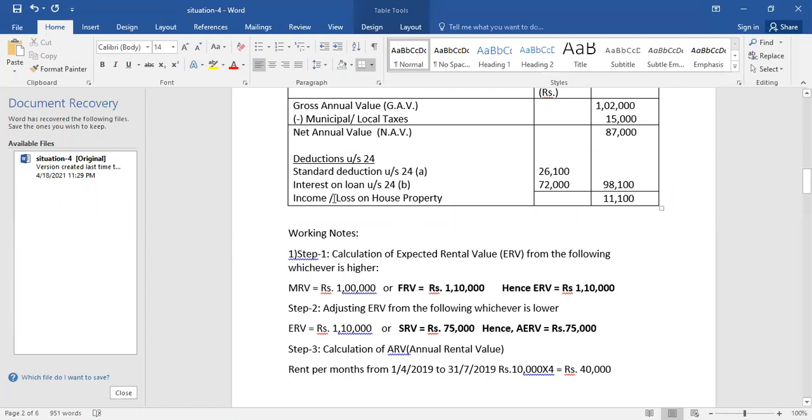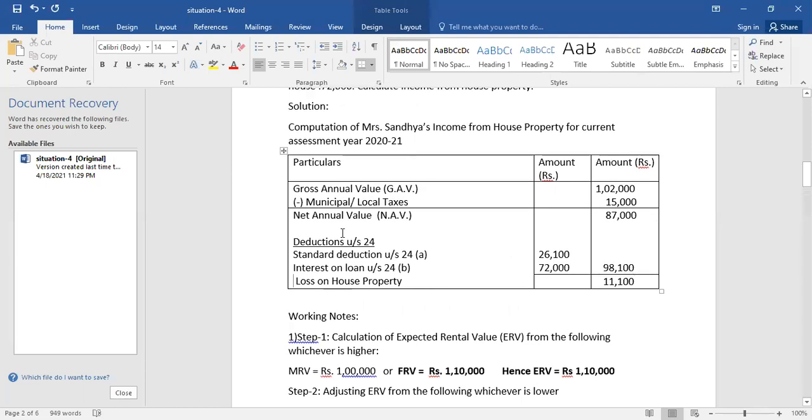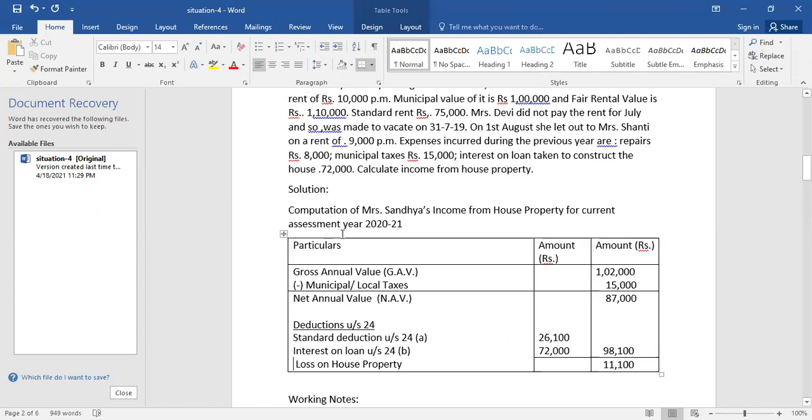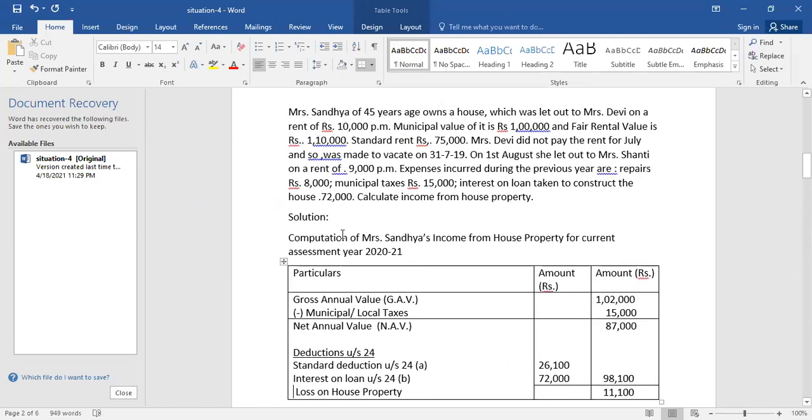Loss from house property is 11,100. So, income or loss, you can write like this, or if you want to be more specific, you can write loss on house property or loss from house property. So 11,100 is what we have calculated when there was the unrealized rent. When we call it unrealized rent, we will make all efforts to realize the rent, but there is no use.